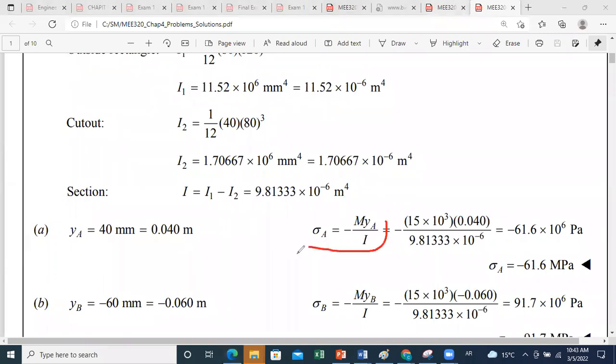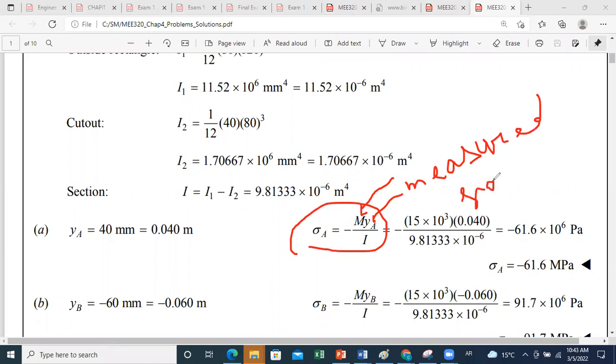To get the stress, since we know the bending moment, we should locate the point with respect to what? Keep in mind that y is measured from the neutral axis. In this equation, y is measured from the neutral axis, and we have established in the course material that the neutral axis should pass by the centroid of the cross section.